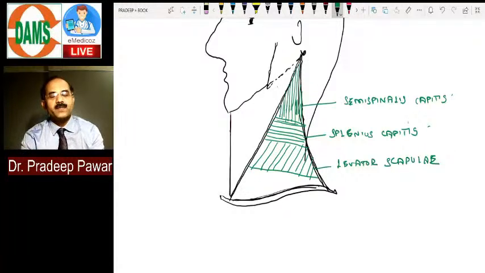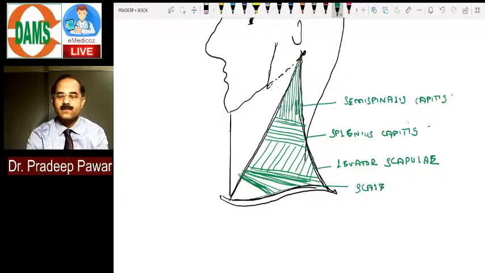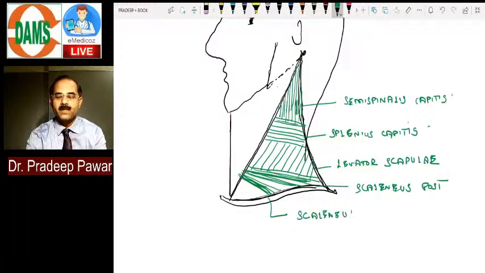And now we've got three muscles by the name of scaleni. Look, this is one scalenus and this is the second. This is the scalenus posterior. This is the scalenus medius.